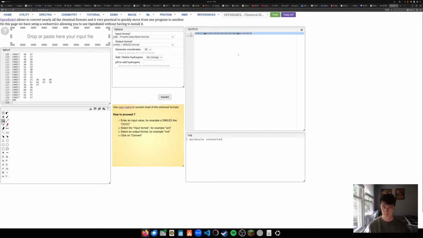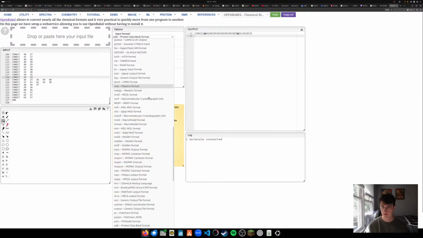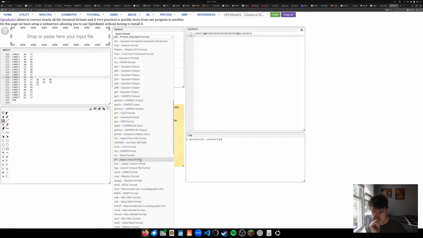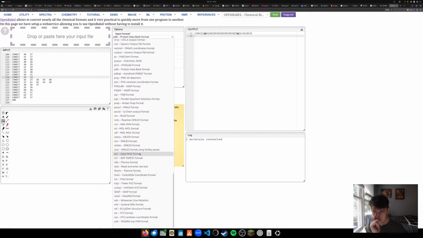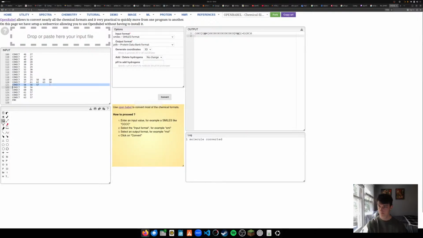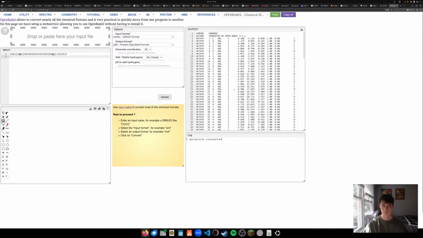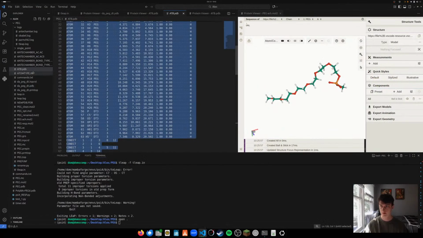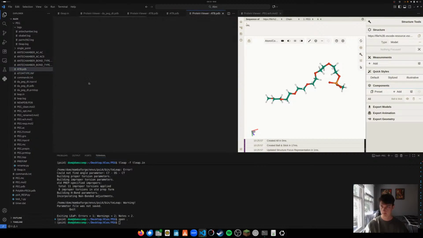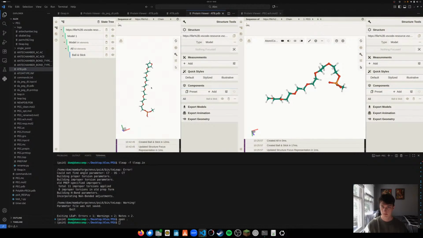Nice. And then we will convert a SMILES, where is it? Into a PDB. Okay, now let's look at that. We can just overwrite this. Yeah, that looks good. So we just need to remove that hydrogen.